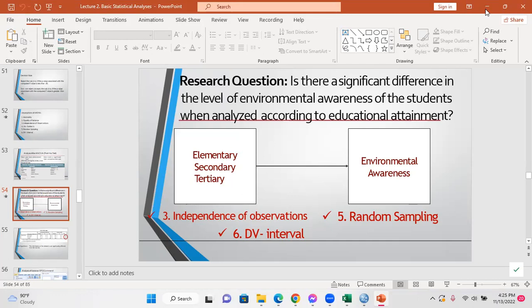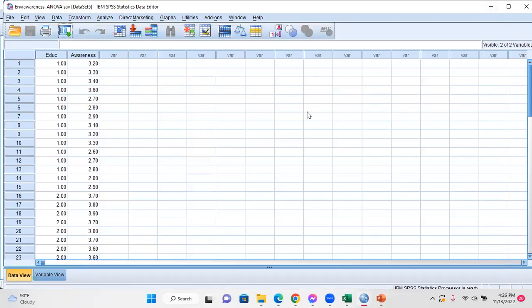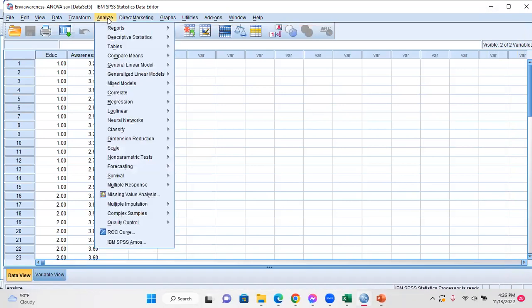So, move on tayo sa ano ba? Diba sabi ko kanina, more than 2 groups. So, let's check if it will pass normality. Sige, kayo na. Descriptive.